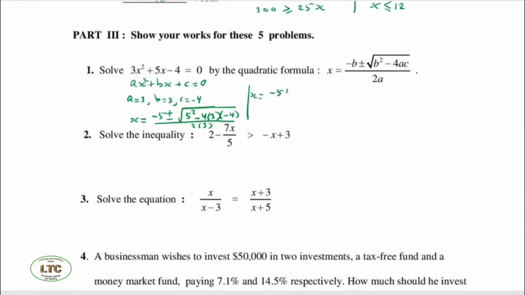Negative 5 plus and minus square root of 25 plus 4 times 3 is 12, 12 times 4 is 48. 2 times 3 is 6. Negative 5 plus and minus square root of 25 plus 48 is 73, right?